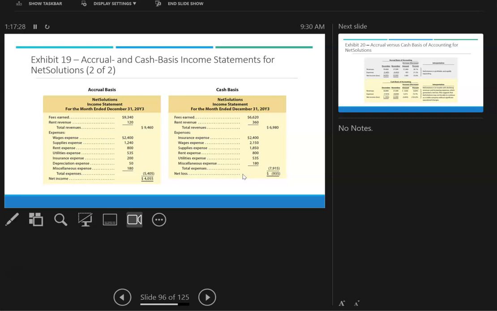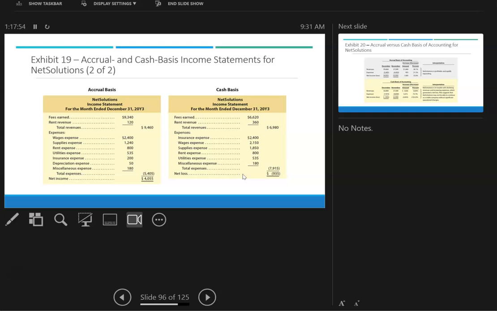We probably had some prepaid insurance. Under the accrual, we showed as an asset. But here under the cash basis, since we paid for $2,400 worth of insurance expense, we just wrote it all off at once.